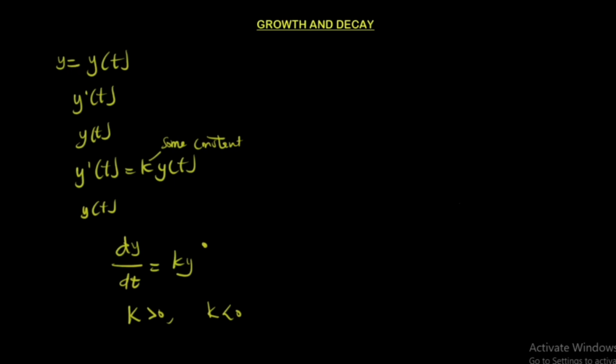Let's take note of that. Then we have the law of exponential growth and decay, which we can write as y is equal to c e^(kt). Another important equation which is mostly used in growth and decay solving.